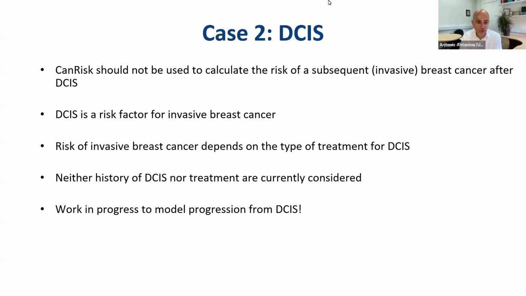So again, this is work in progress. It's in our current program of work, but it's not there yet. So the advice is that CanRisk should not be used if there is DCIS.